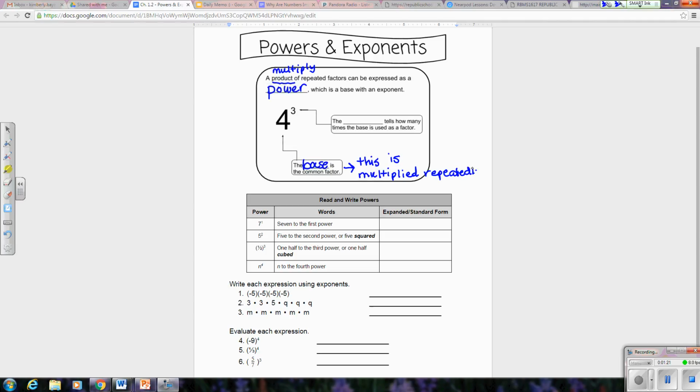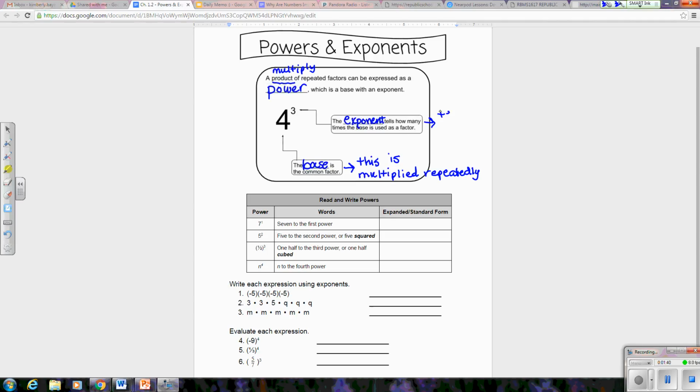And then the exponent right here, this little number, the small number, this is the exponent. This tells us how many times to multiply the base. The exponent tells how many times the base is used as a factor. It tells how many times to multiply.